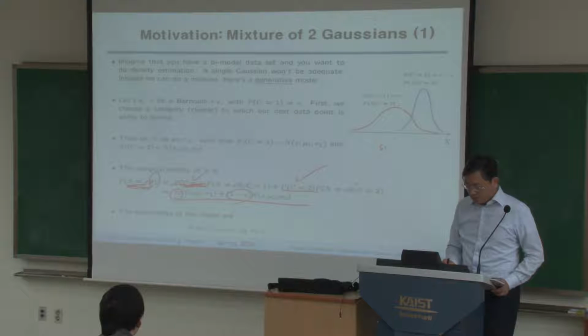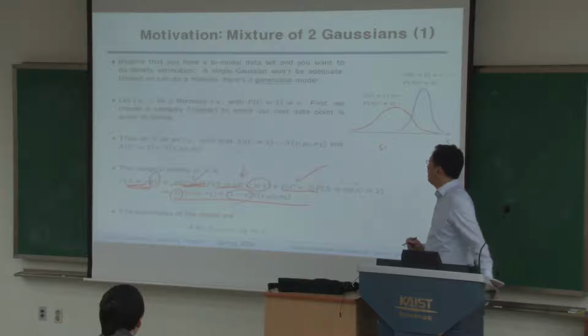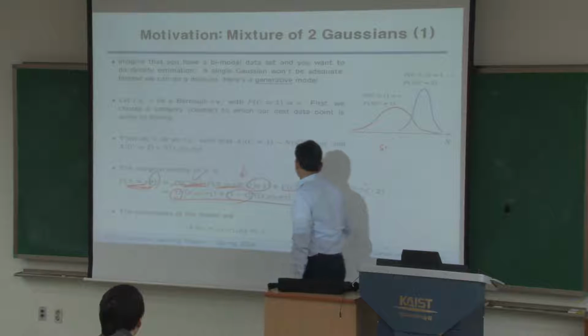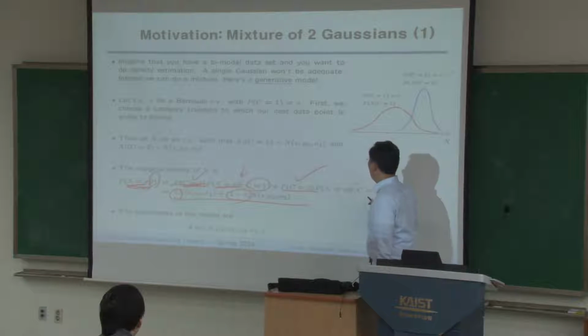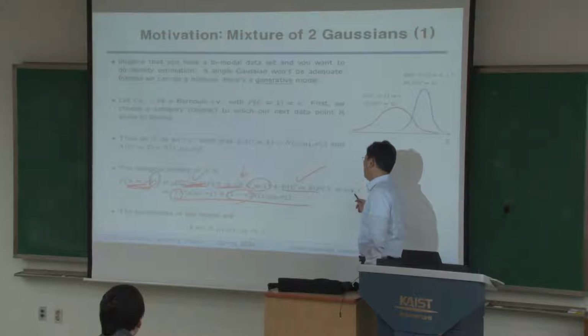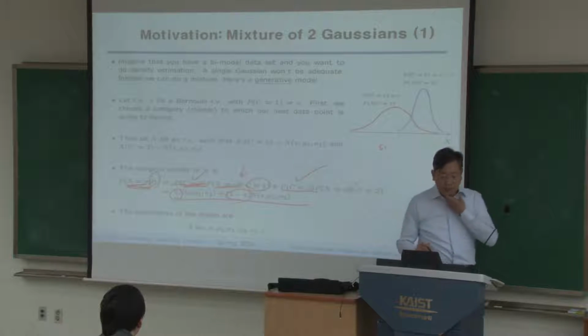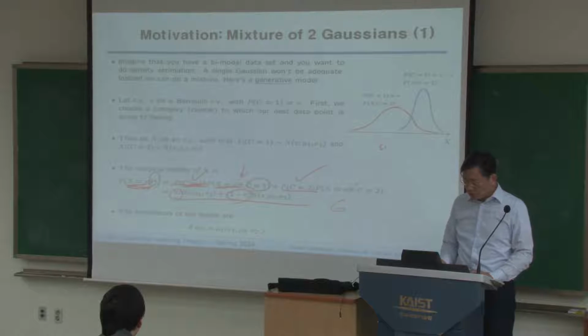And if it's the red one and you're given all the parameters, then the probability of x is represented by a Gaussian. And if it's the blue one and all the parameters are given, then the probability of x will follow another Gaussian. Okay? And this is called the Gaussian mixture model.